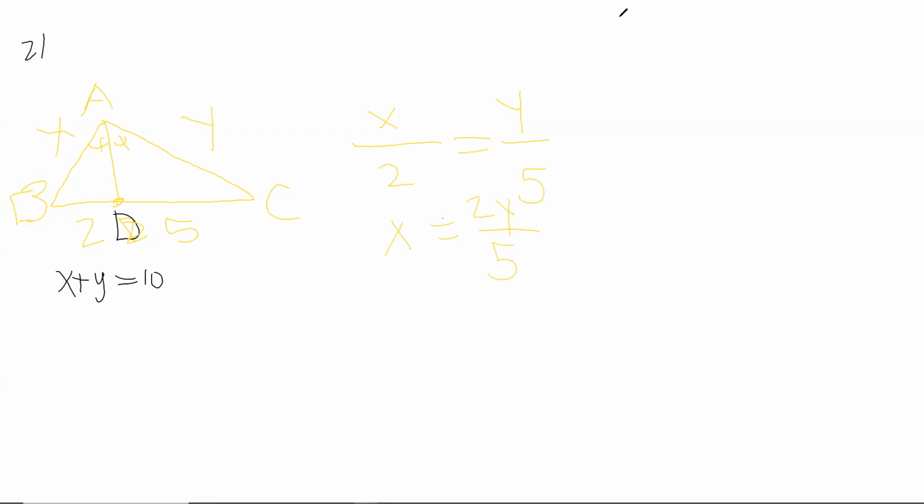And basically you get AB equals 2/5 AC. Since AC equals 10 as stated in the question, you plug in the values. AB, which we previously solved as 2/5 AC, plus AC equals 10. Once you solve it, you get AC equals 50 over 7.